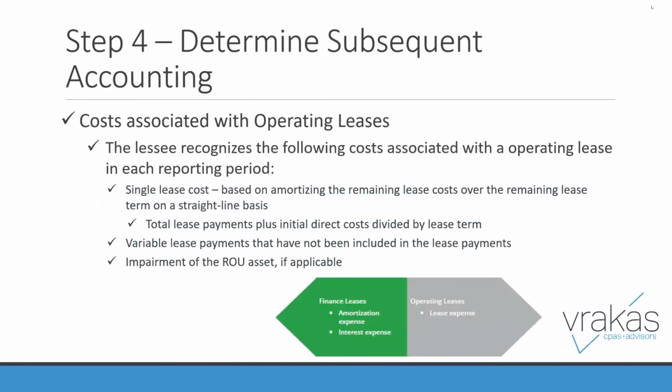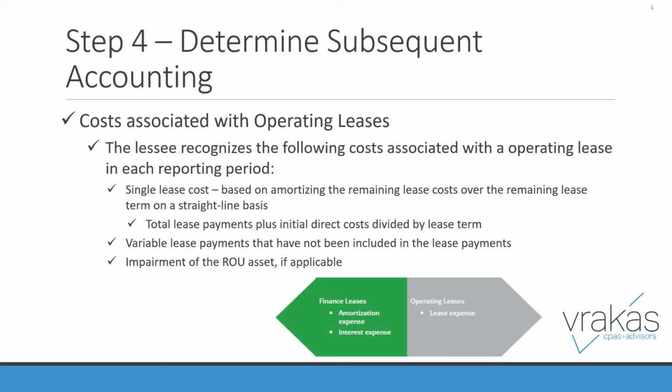The costs associated with an operating lease are going to be strictly what they call a lease cost or a lease expense. So you're going to take all those lease payments over the remaining lease term. This is very similar to the deferred rent concept that we currently have. Take all those lease payments, divide it by the remaining lease term, and that's what you're going to recognize as expense each period, your lease expense.